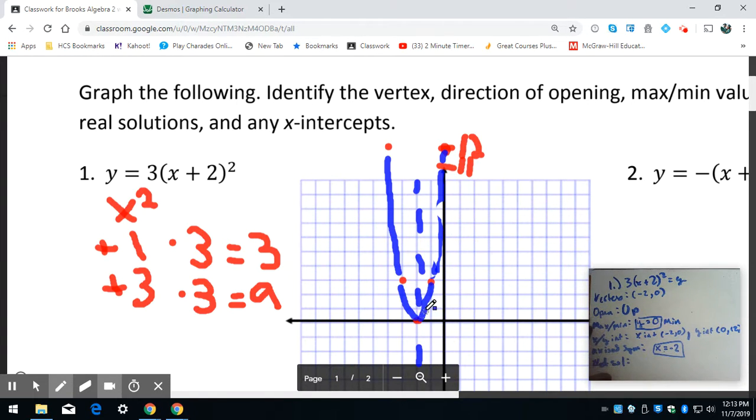Number of solutions, this is just the number of x intercepts there are. So there are 2. I'm sorry, there's only one x-intercept. So the number of solutions is 1. My bad. All right. So that's problem 1.